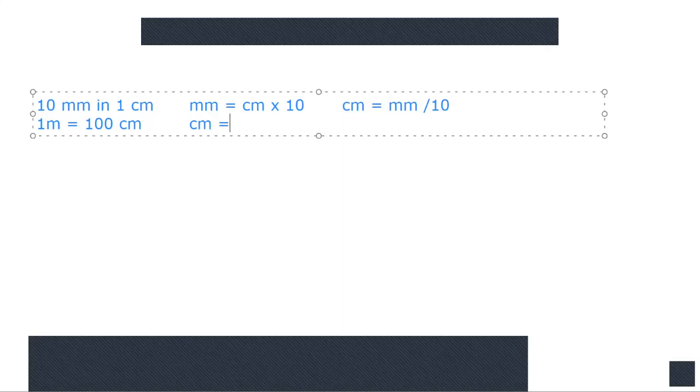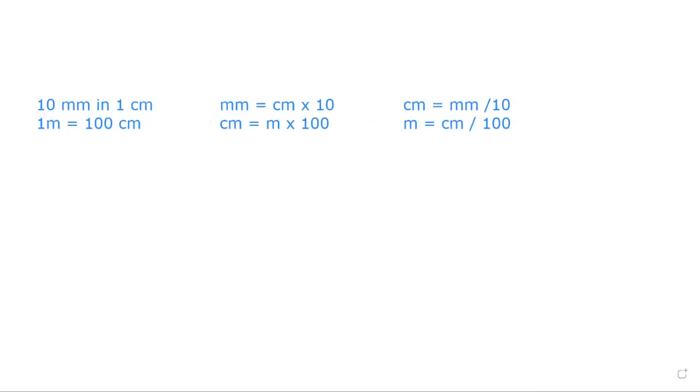Centimeters is equal to meters times 100. My apologies on the error. And the meter is equal to centimeters divided by 100. Everything we go in here is based on some measurement of 10.